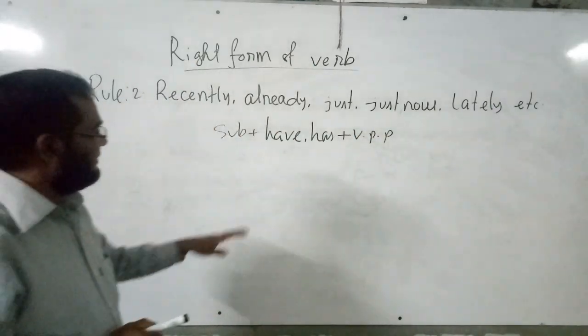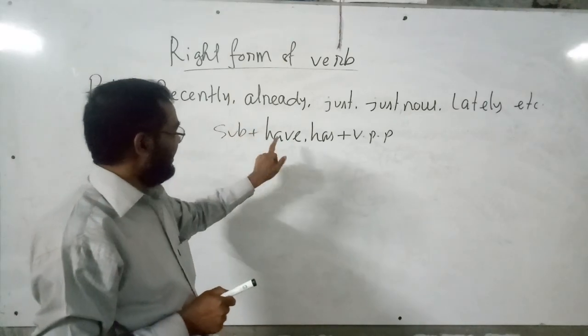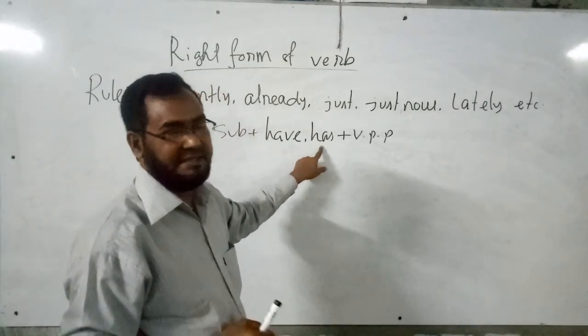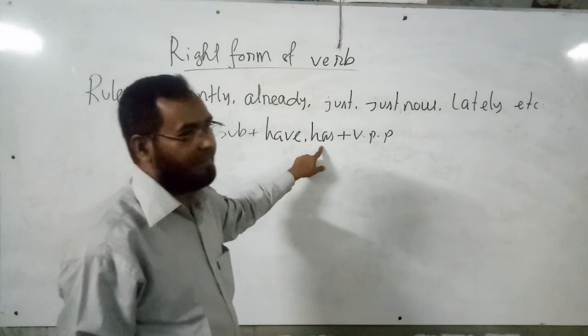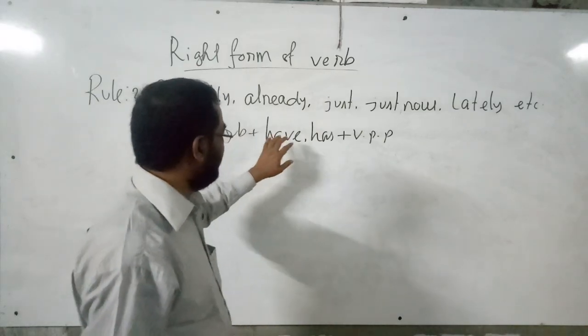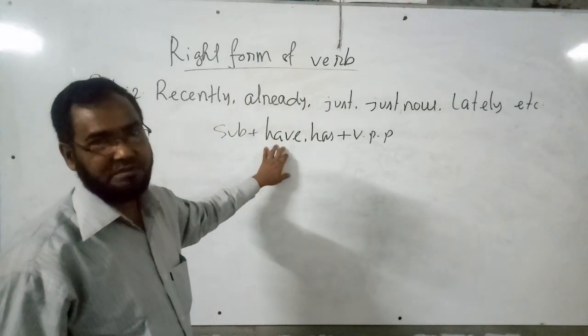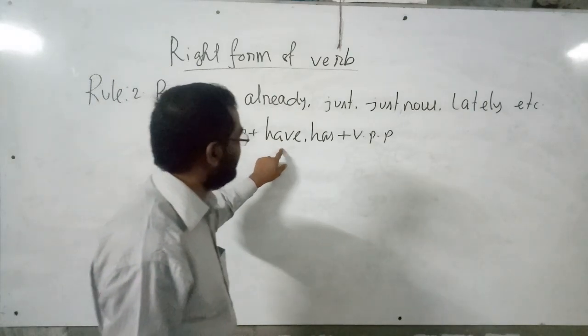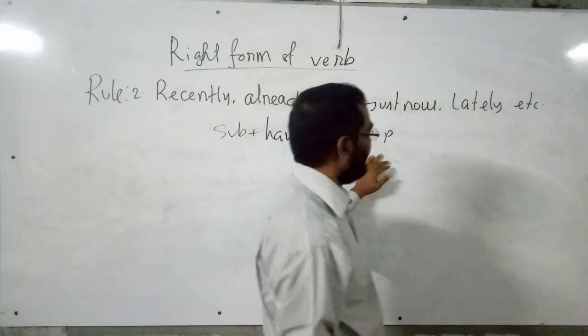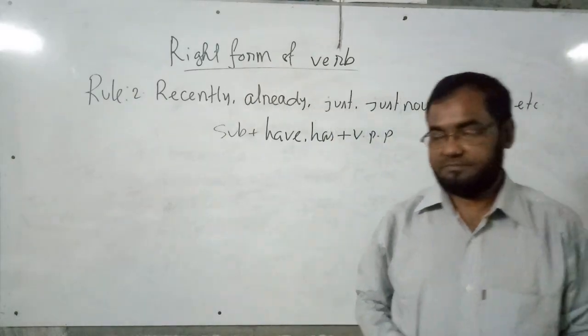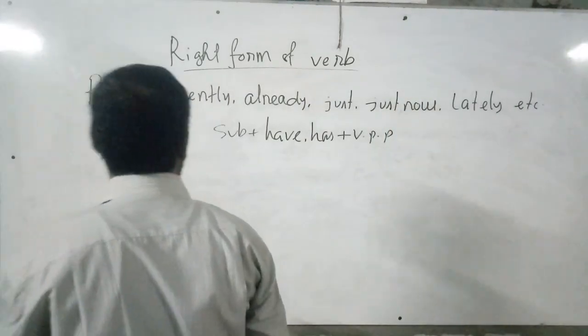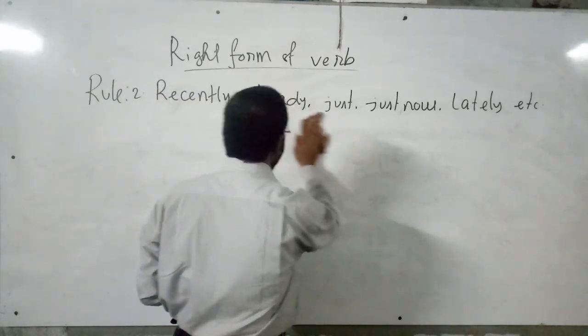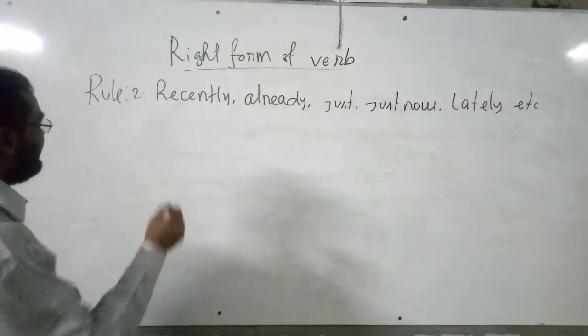If the subject is third person singular number, you will use has, and if the subject is first person, second person or third person plural number, you will use have, and the verb will be past participle. Okay. As for example, present perfect tense.